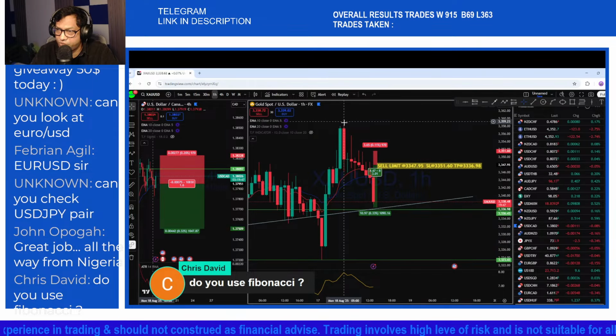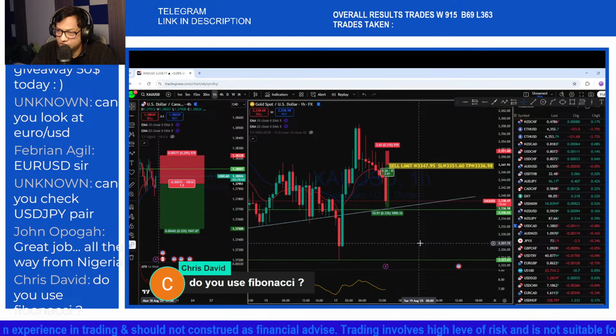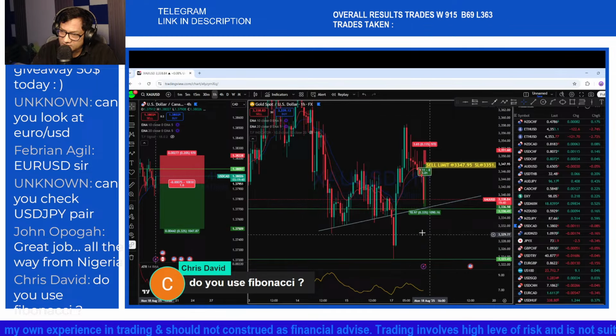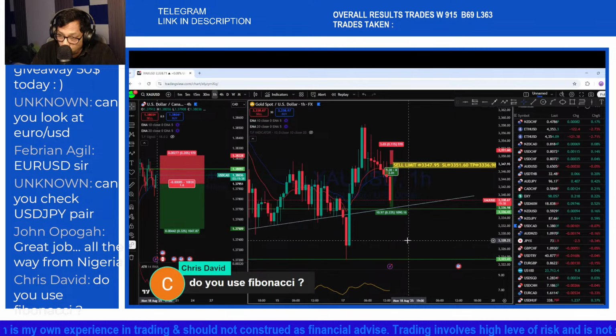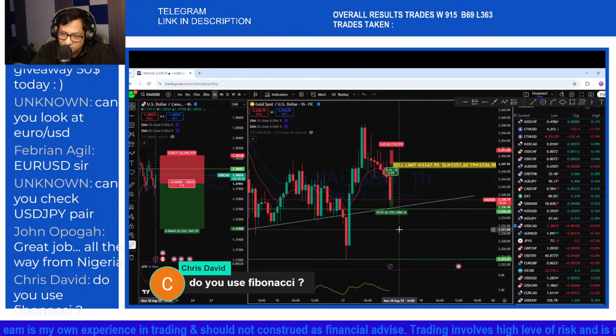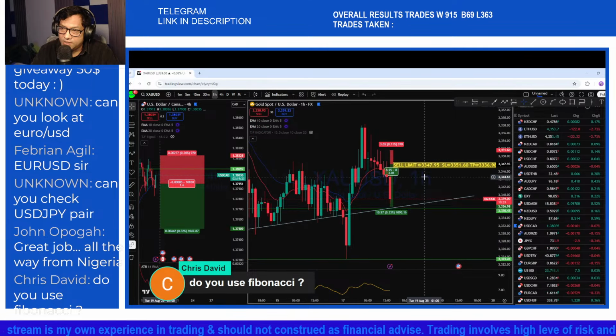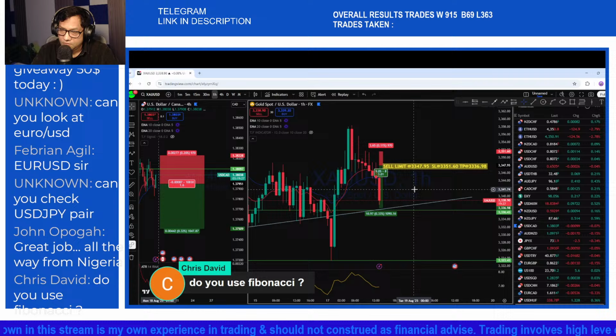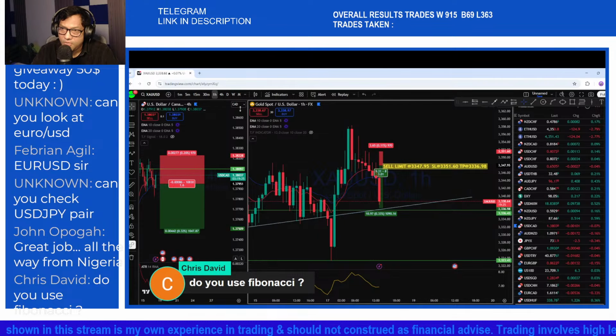Here is a pretty strong drop from this 1 hour price action. It's a break of structure, and this is the daily low the market is coming to, and the possibility for this market to revert again.